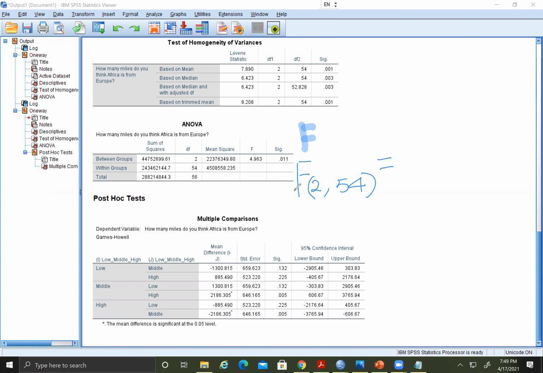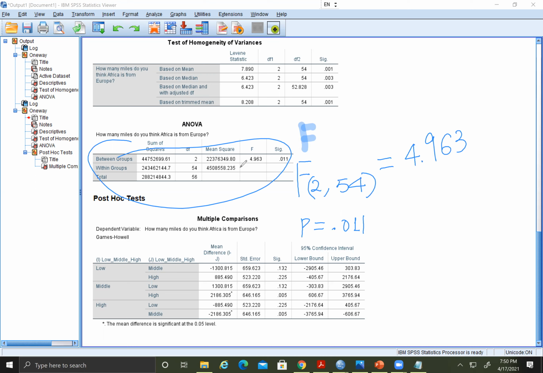And then we write the F value, which is 4.963. So this is a way of writing this result from the table. Then we can put the p-value, p equals 0.011. Since this p is small, we can conclude that we reject the null hypothesis.